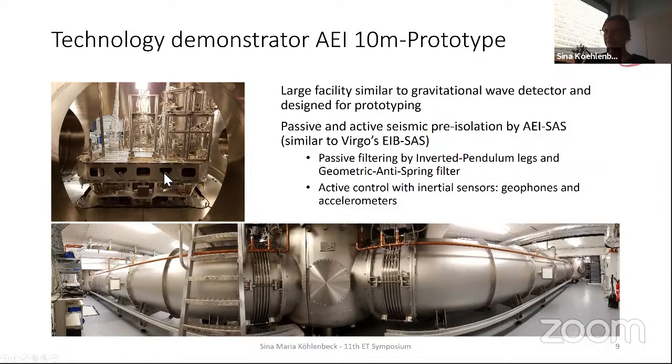We have 3 large tanks, and in each there is a seismic attenuation system, which we call AEI SAS. This is similar to Virgo's EIB SAS. It consists of an optical table where all the suspensions are placed on. And in the lower parts, there are the filter stages. And we use passive filtering with inverted pendulum legs, as well as geometric anti-spring filters. And then additionally, we have active control with inertial and position sensors. And we use geophones and accelerometers as inertial sensors.